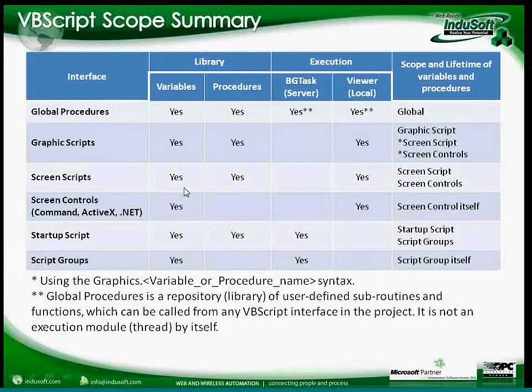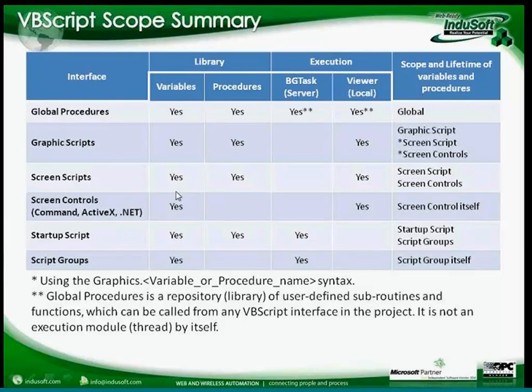Screen scripts allow you to declare variables and procedures as well, but they are executed on the viewer only, and only on the screen from that screen. You cannot declare a function in screen A and call it from screen B. If you want to do that, you should create this function either in the global procedures or in the graphical scripts.